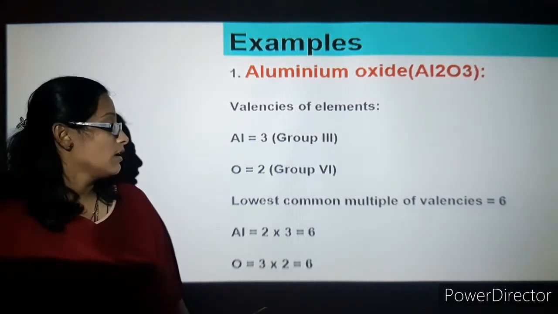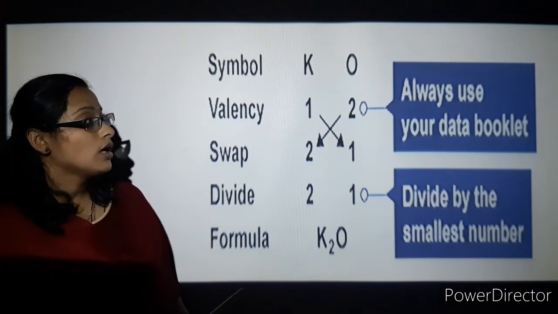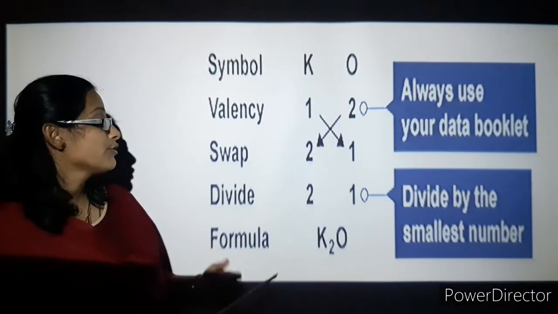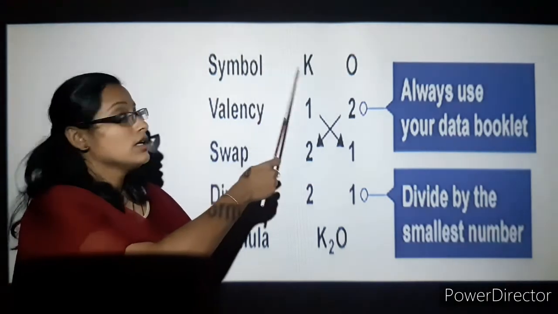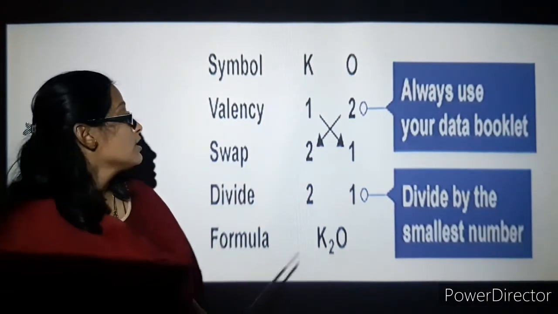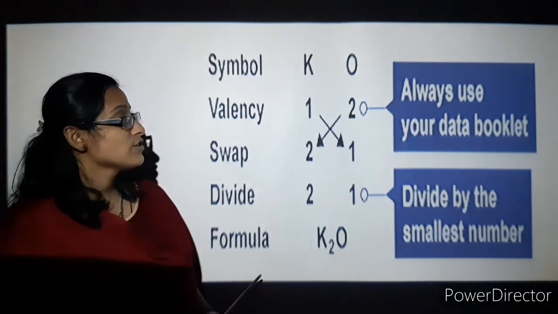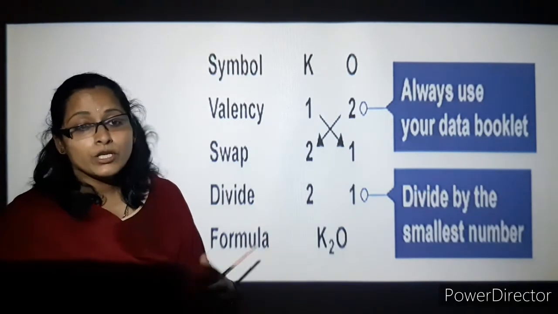We will see another example, for your better understanding. Let's understand the symbols. K is for potassium, O is for oxygen. What is the valency of potassium? It's 1 and oxygen is 2. So what will you do?